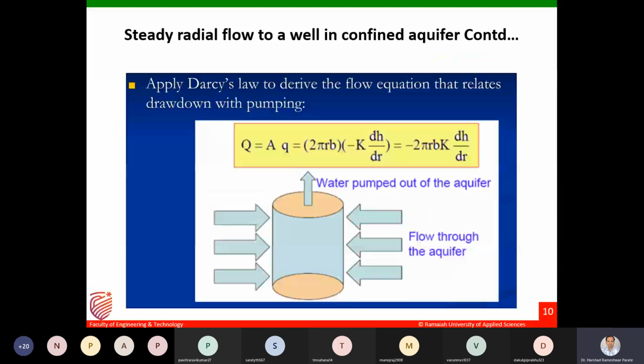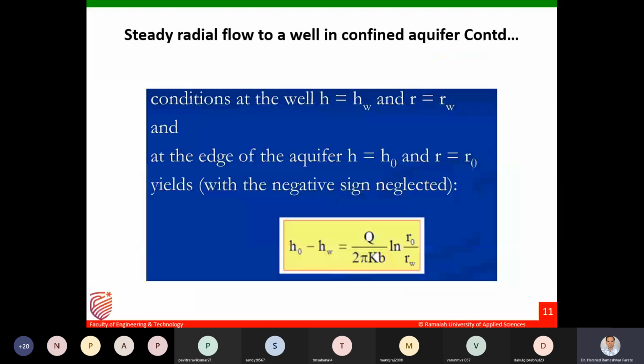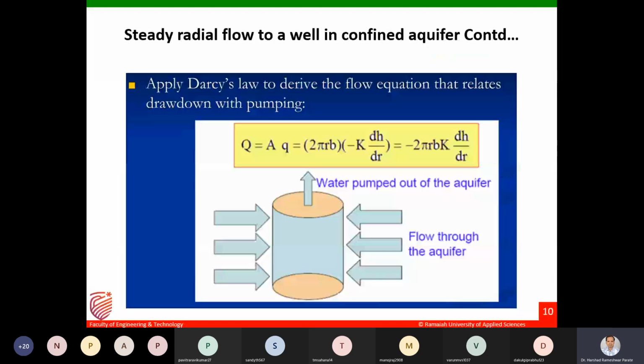So if we have this data, if you know the pumping rate, and in the surrounding borewells you know the groundwater levels, then you can calculate the transmissibility of the aquifer.